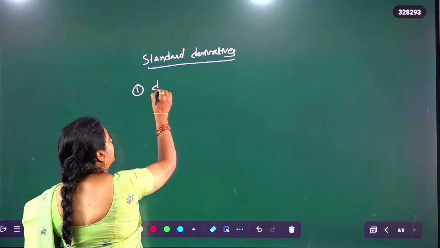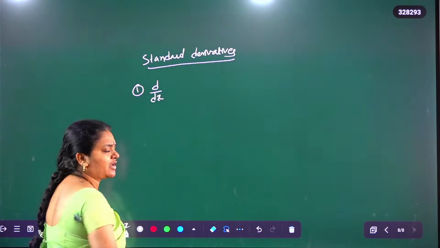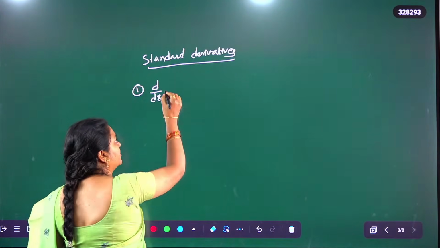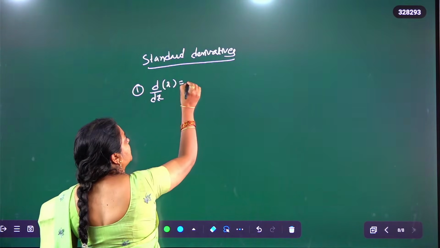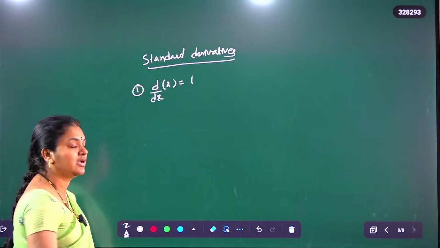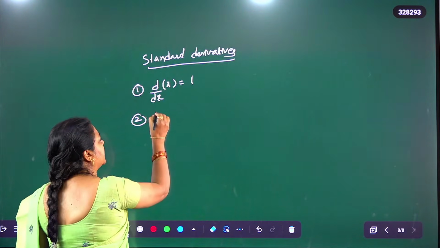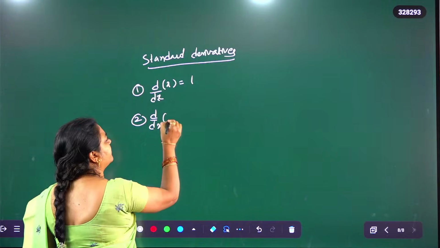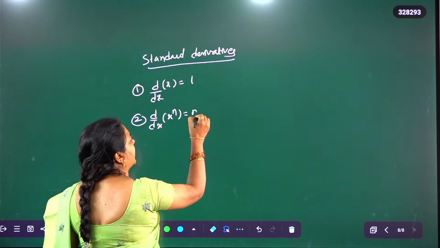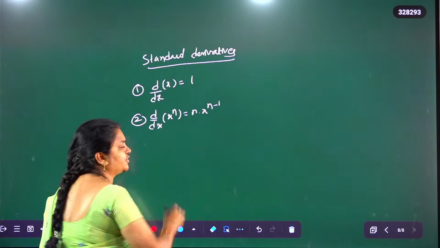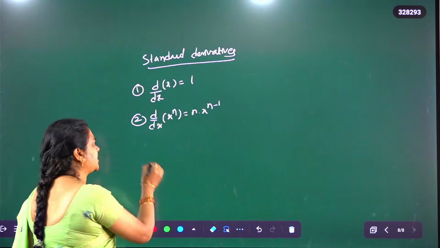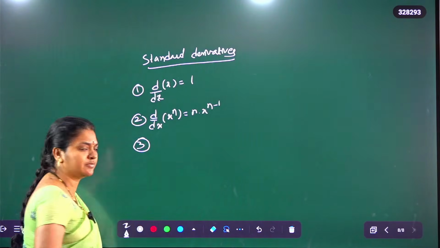First, d/dx, a symbol you already know, derivation is denoted by d/dx. d/dx of x = 1. And second, d/dx of x^n = n x^(n-1). Students, you all need to note and remember these formulas.